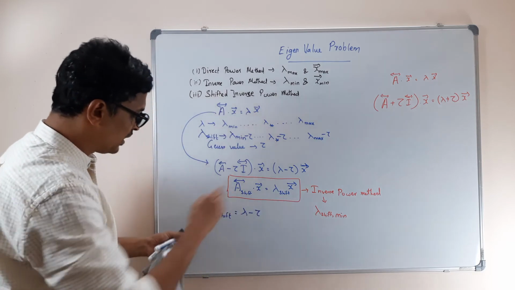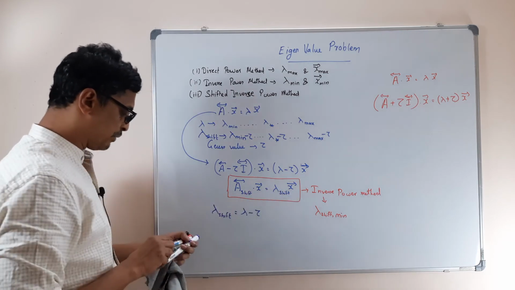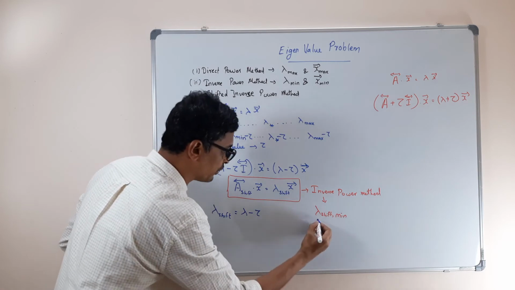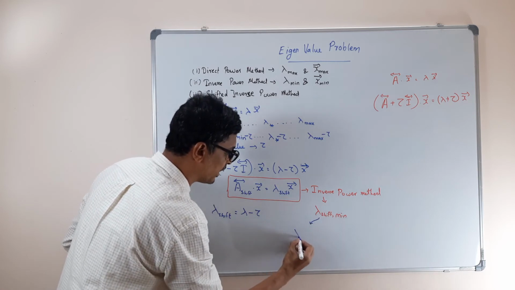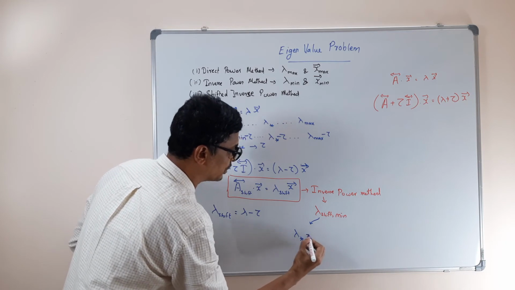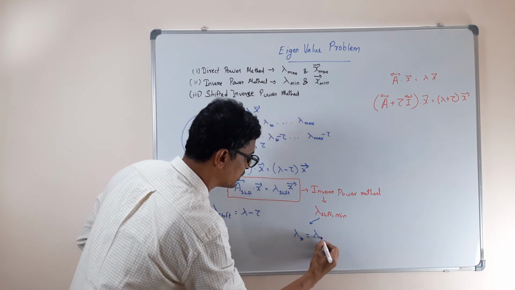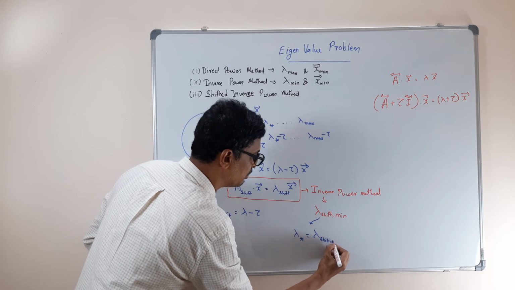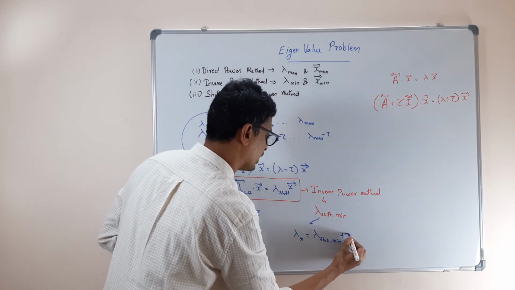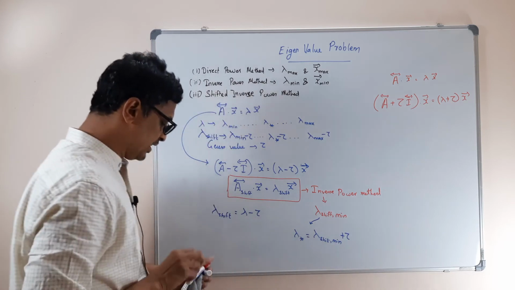So after getting the λ shift minimum, λ star is equal to λ shift minimum plus tau.